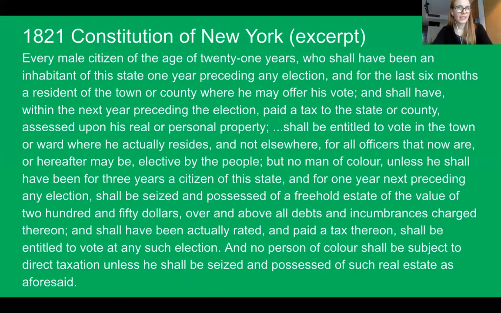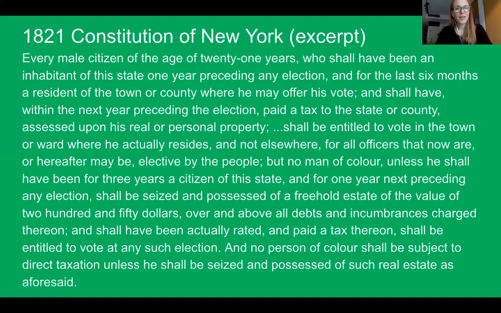Every male citizen of the age of 21 years who shall have been an inhabitant of the state 1 year preceding any election, and for the last 6 months a resident of the town or county where he may offer his vote, shall have within the next year preceding the election paid a tax to the state or county assessed upon his real or personal property, shall be entitled to vote in the town or ward where he actually resides and not elsewhere, for all officers that now are or hereafter may be elected by the people.